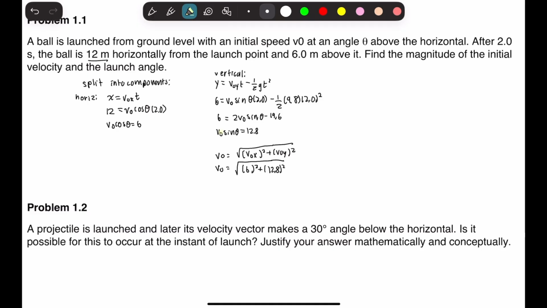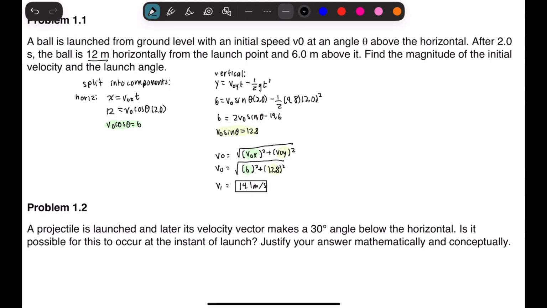And these are the same thing as these values here. V oy is v initial sine theta, that's this. And then this is cosine theta, that is just this. So now if you plug this into your calculator, you're going to get 14.1 meters per second as your v initial.